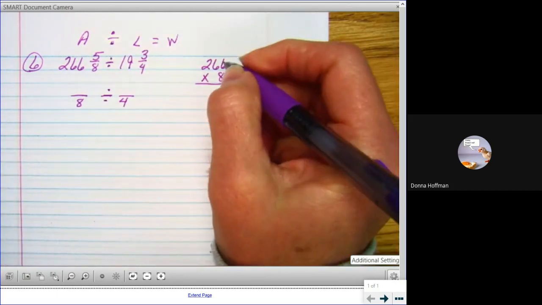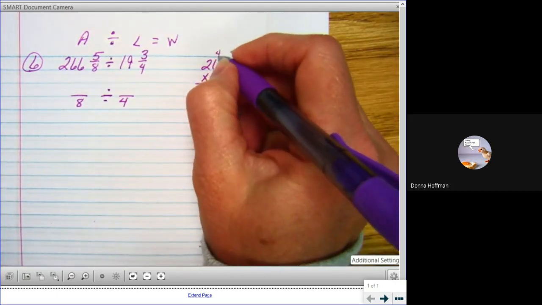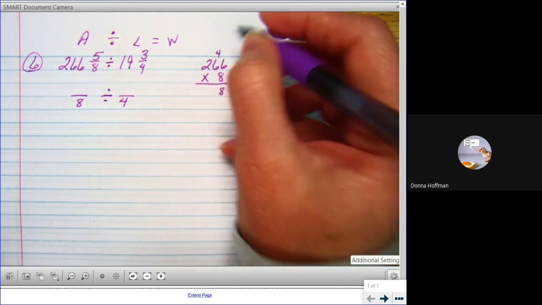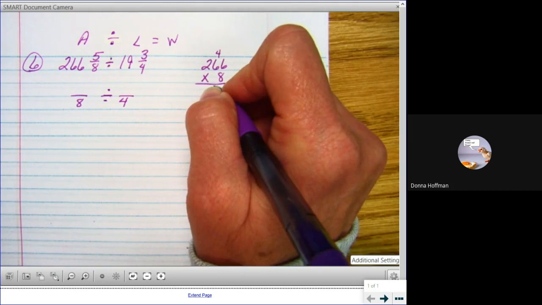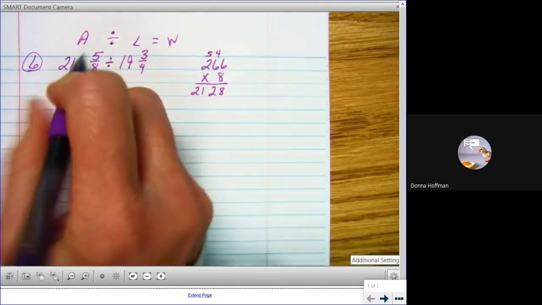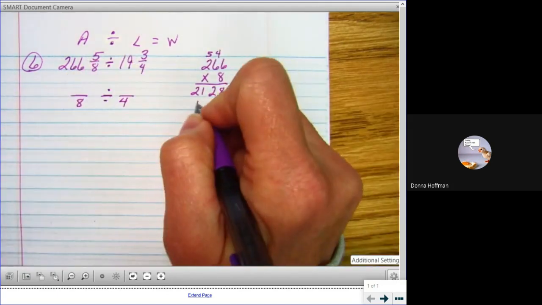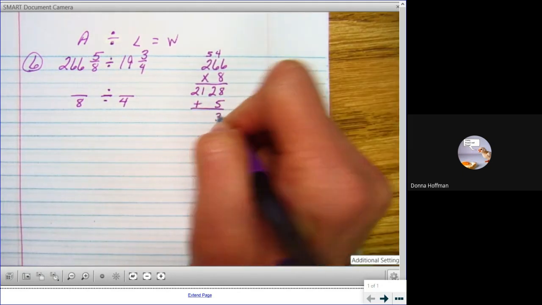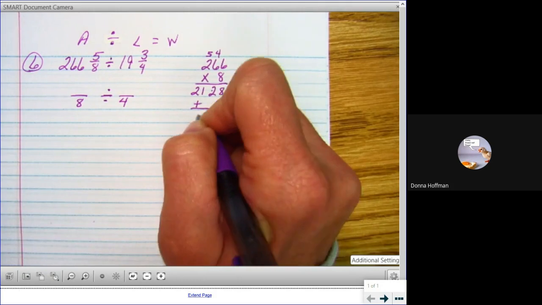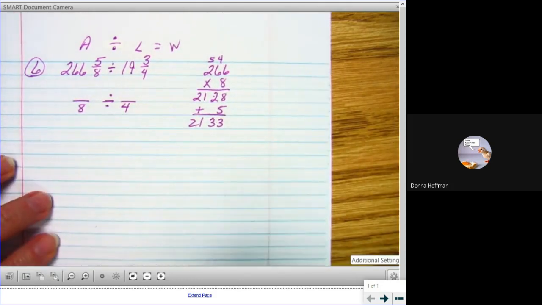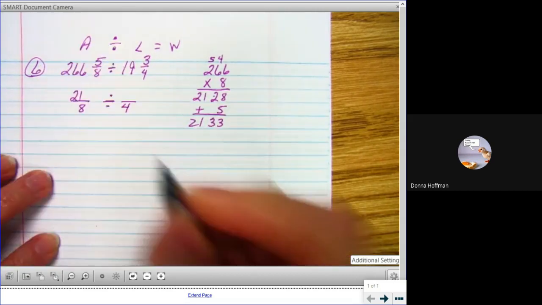So 6 times 8 is 48. 6 times 8 is 48 again, plus 4 more. And then 8 times 2, 16 plus 5. And then I have to go back and add my numerator pieces. That puts them all back in pieces again. That's 13. So I get 2,133. I know that's a big number. It doesn't matter. We can handle those.